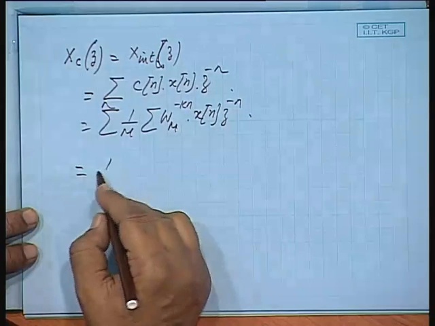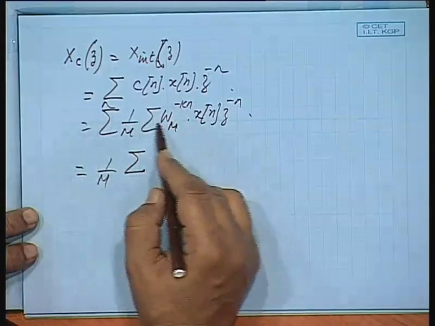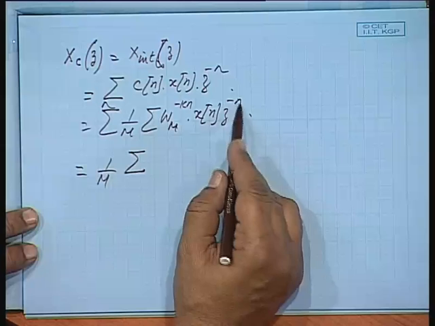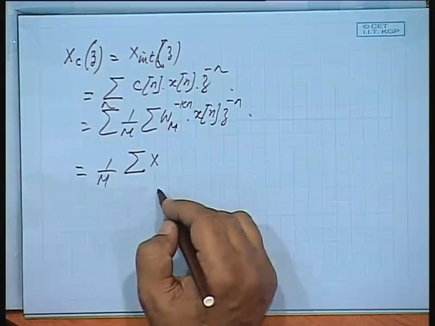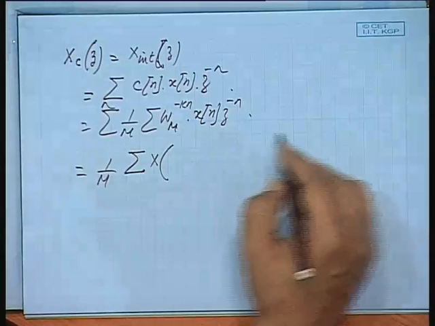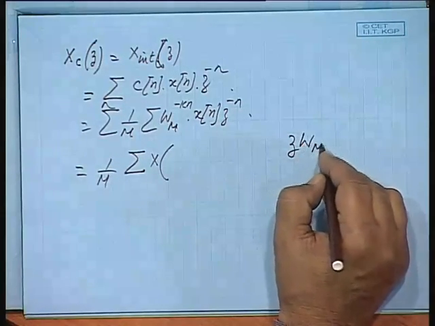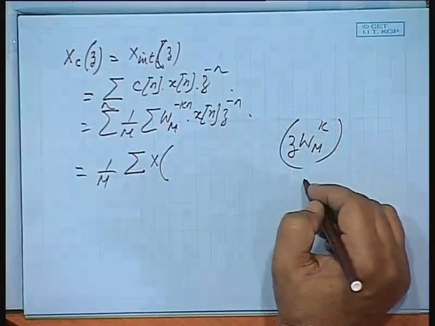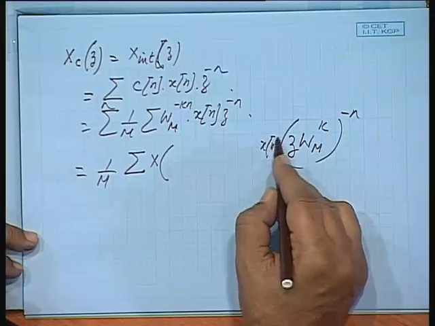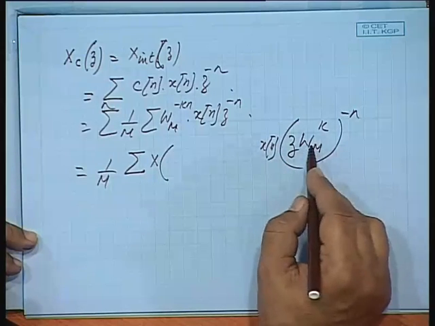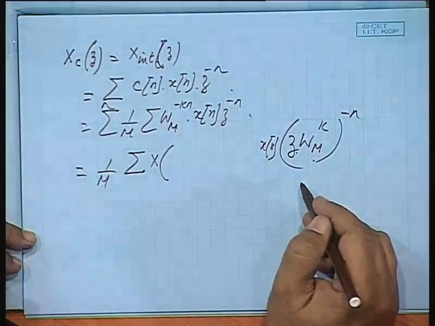So, it will be 1 by m sigma, this Wm can be clubbed with z, and this to the power minus n gets multiplied by x n. So, original z is replaced by z into this. Okay.